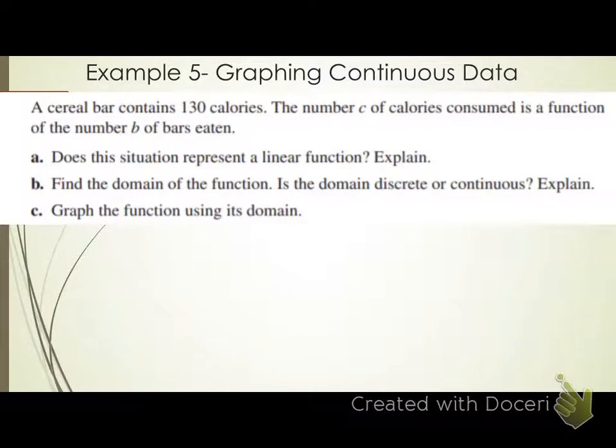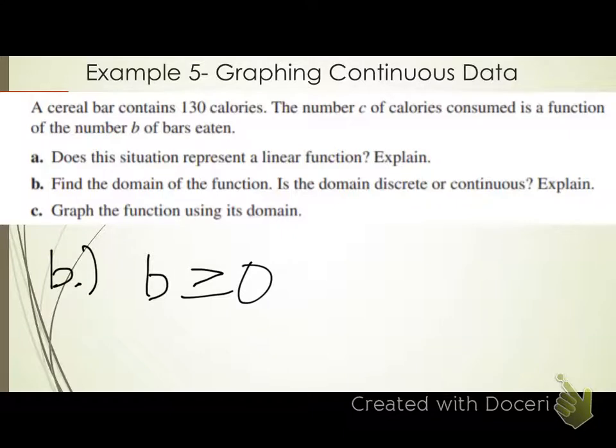So the number b of bars eaten can be any value that's greater than 0. It can be 1.5, it could be 1, it could be 0.5, anything that's greater than 0. So this would be a continuous function, and so the domain would also be continuous. The number of bars I've eaten can be greater than or equal to 0.